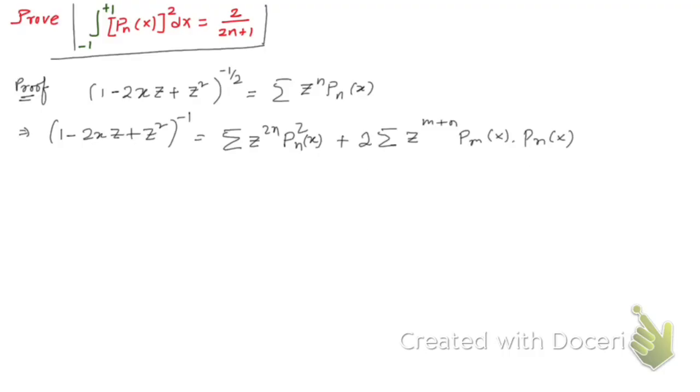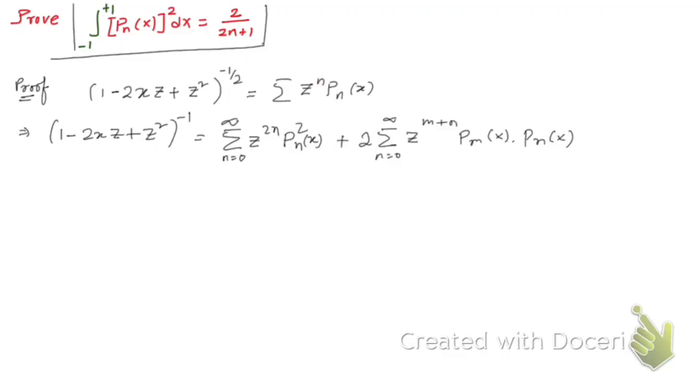Here the summation is from n equal to 0 to infinity. For simplicity, let me consider just only two terms, from n equal to 0 to 1.